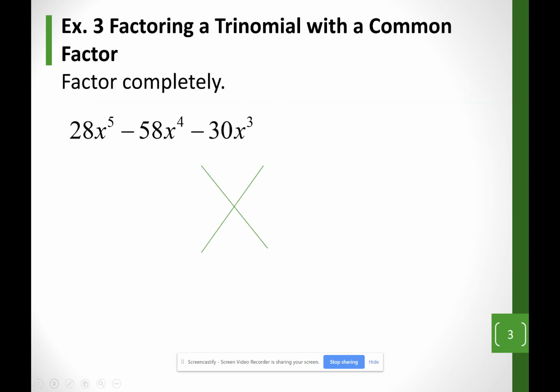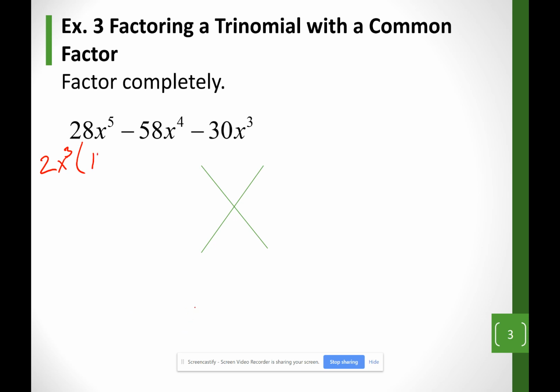Now, lastly, with my numbers, I'm not going to go 28 times 30. Now, that thinking might be too big. I see I have x to the fifth, x to the fourth, x to the third. I could probably make things smaller. Let me divide everything, my numbers, by a 2. And let me factor an x to the third out.